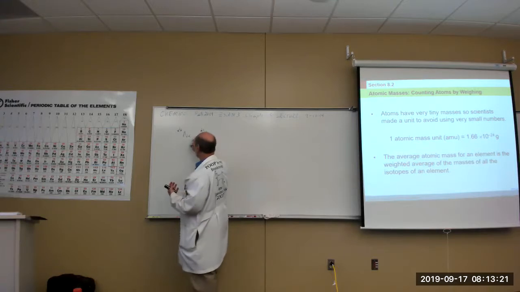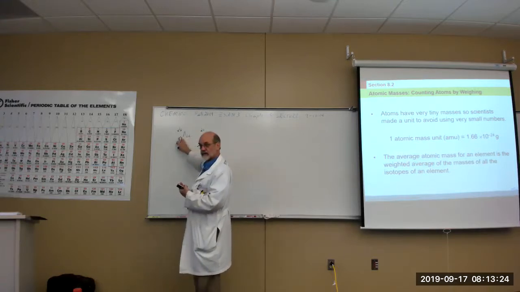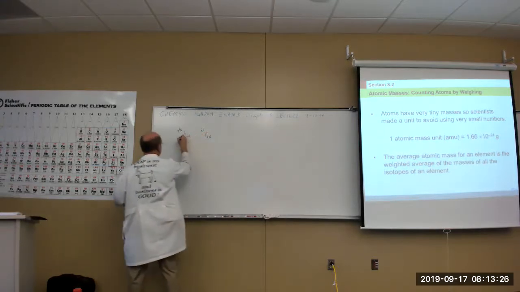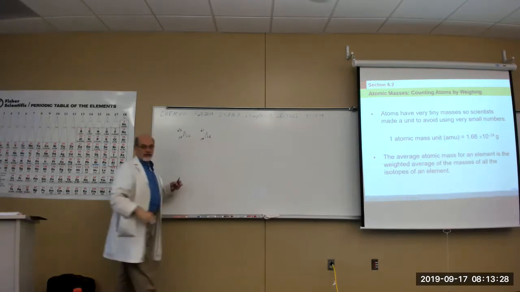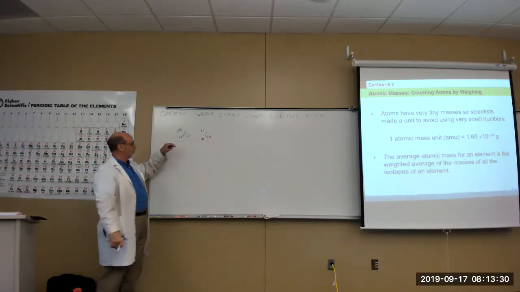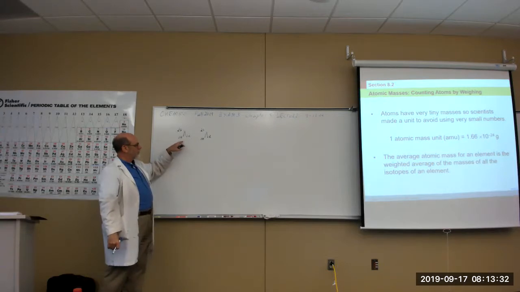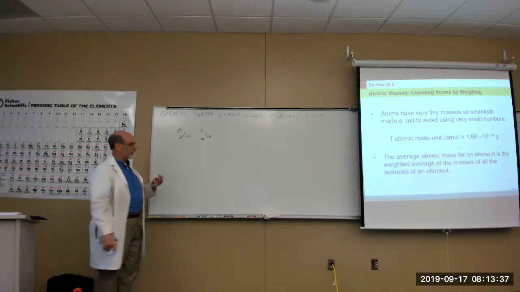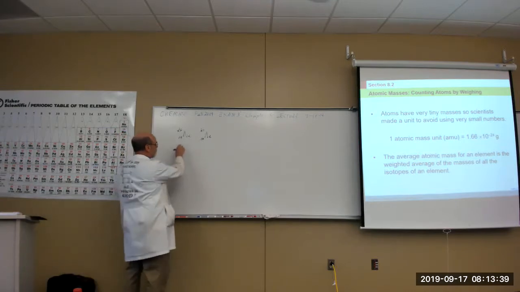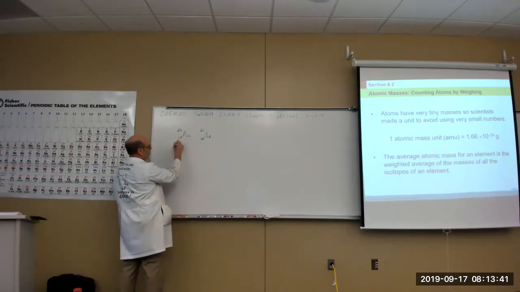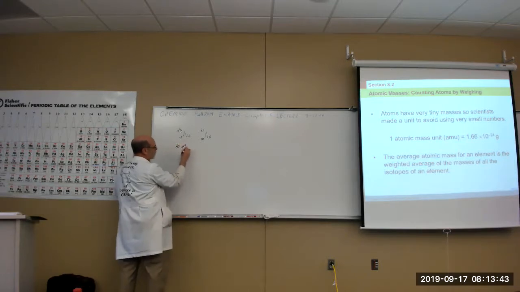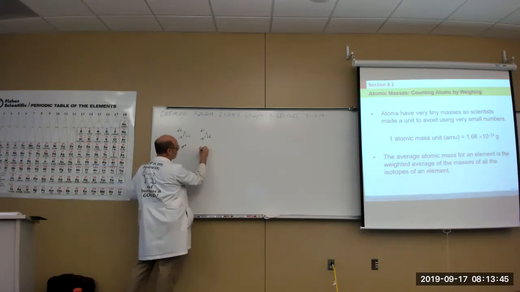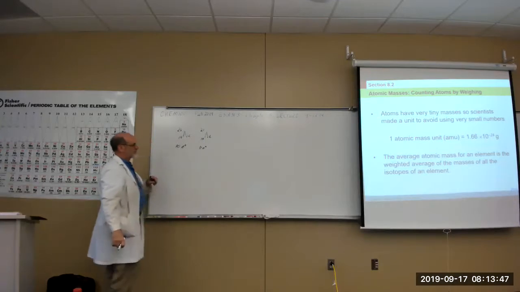So this is an isotope of neon, that's an isotope of neon. And of course, to be neon, it has to have the same number of protons, but the neon isotopes will vary in the number of neutrons. So if this is the atomic number and that's the mass number, this has 10 neutrons. This one has 11 neutrons.